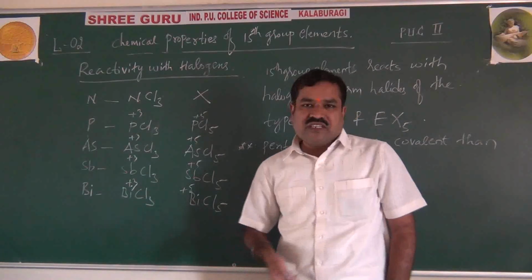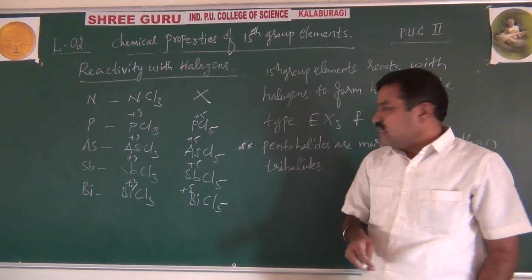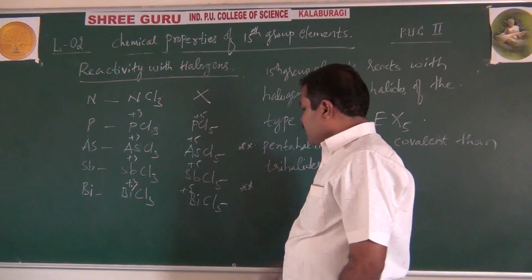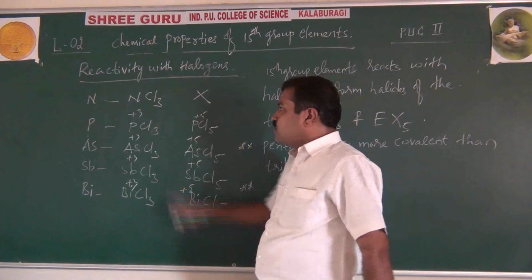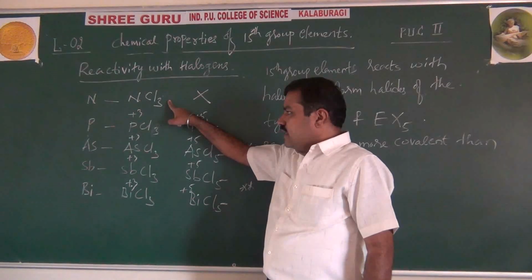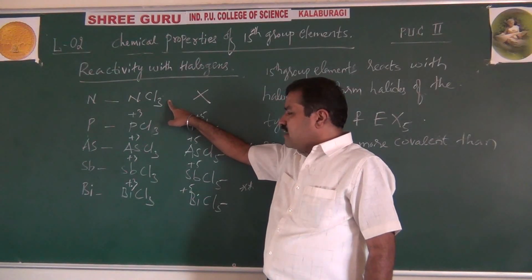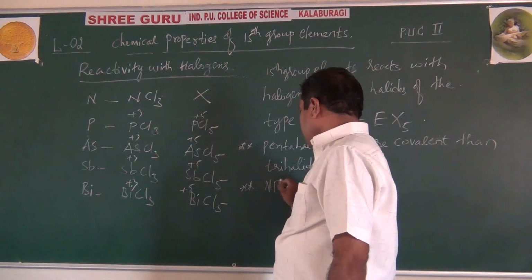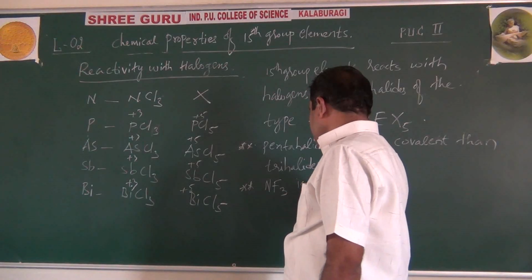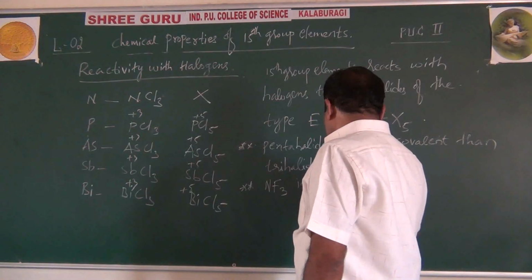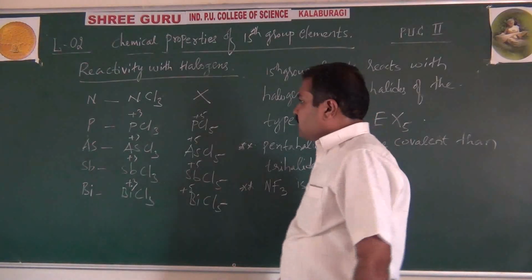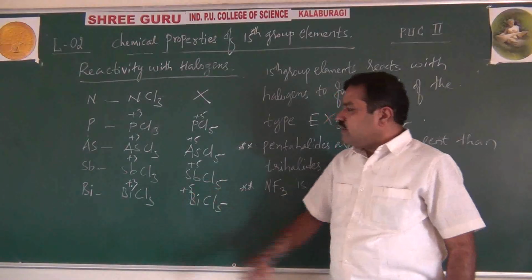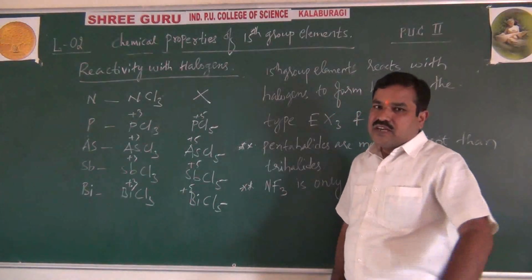Because as the oxidation number increases, covalent character increases. Okay? And here also once again, which are more stable, trihalides or pentahalides? Except nitrogen, all other elements, they are more stable. But once again, for nitrogen, in exceptional cases, NF3 is only stable, but all other halides are unstable for nitrogen. Okay, and pentahalides are more covalent than trihalides exclusively.